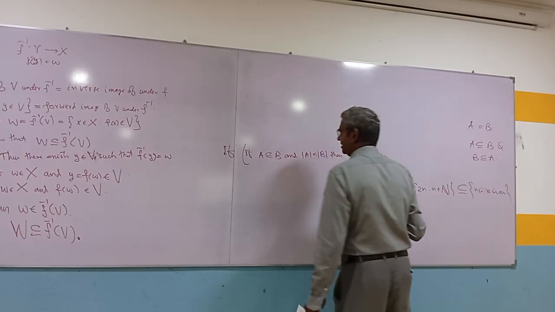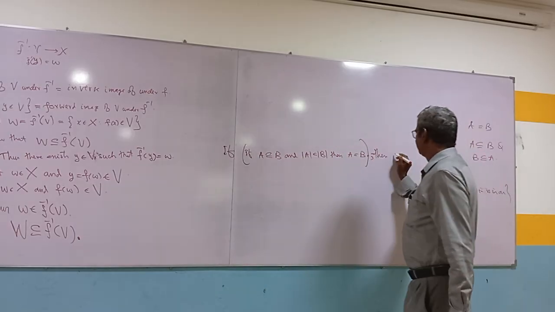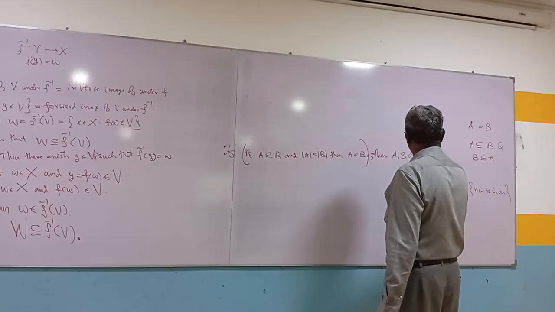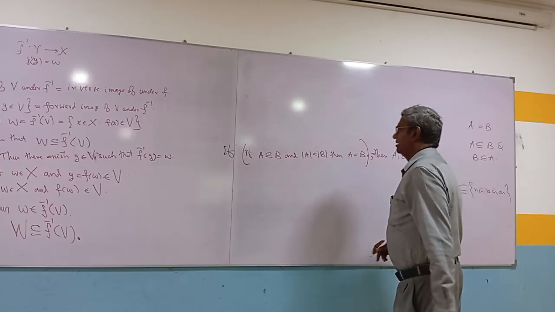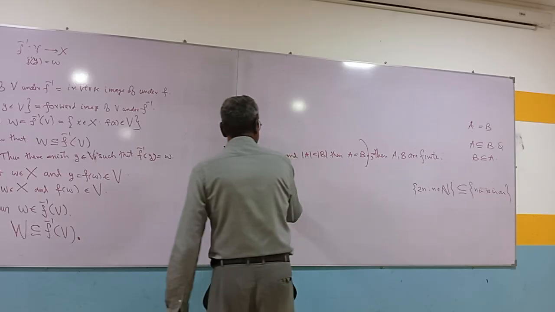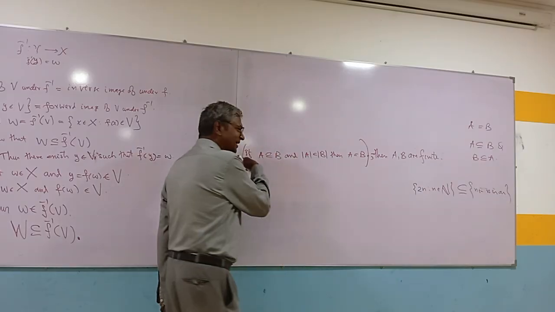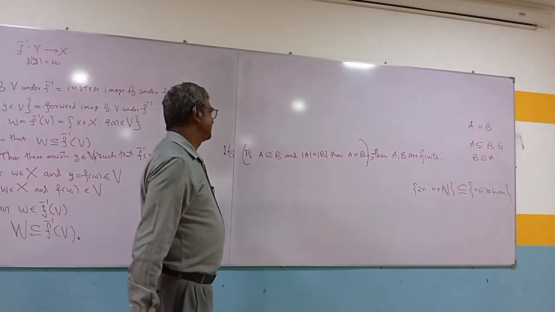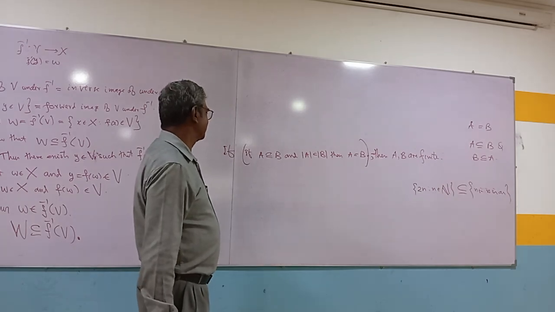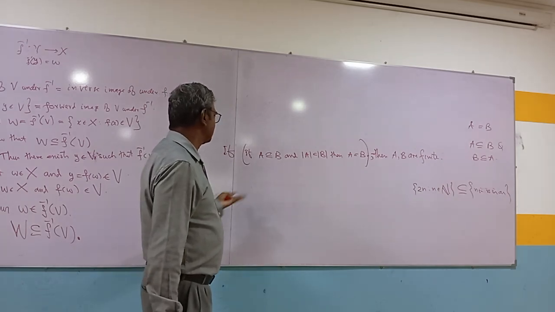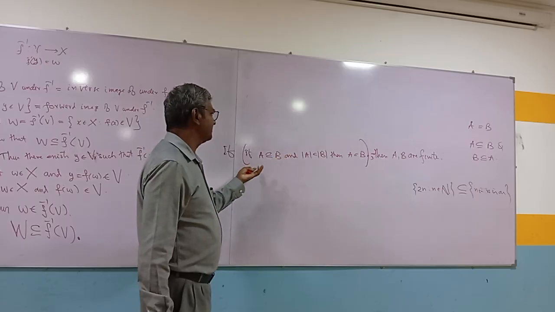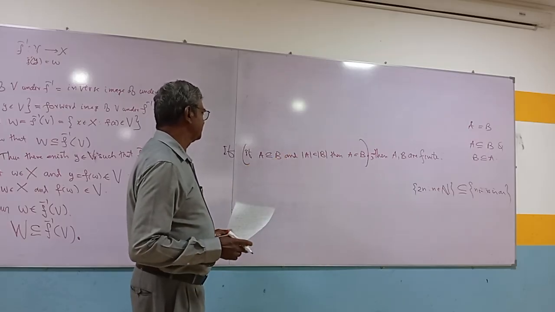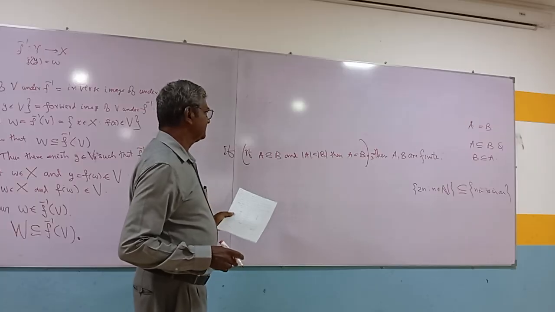Then A and B are finite. This is a conditional statement, and I cannot really say at once. I will not answer that now because I am going to be puzzled about it.